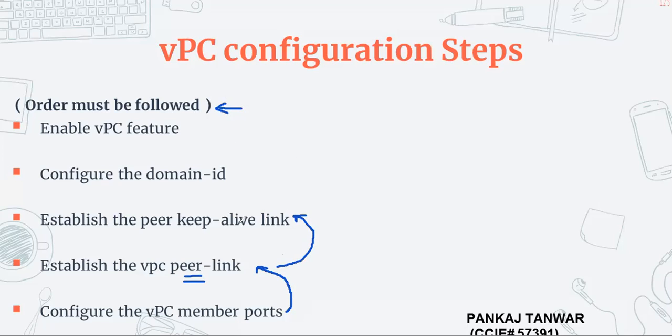And you cannot form a VPC peer keepalive link unless you create the domain ID, and your domain ID is not going to be configured unless you enable the feature. So keep in mind that this order must be followed.